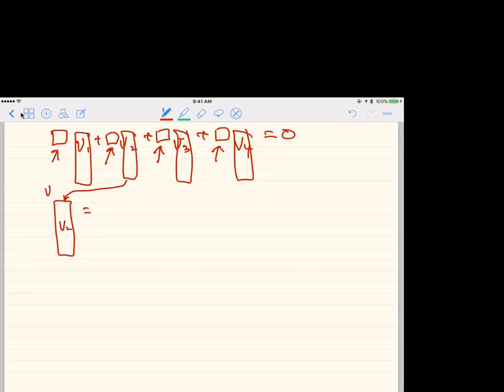We don't know which vector it is, but at least one vector is represented as a linear combination of the others. So we have 3 remaining vectors, V1, V3, and V4, and we consider the linear combination of them. We can always find this relationship for at least one vector among the vectors that we have.